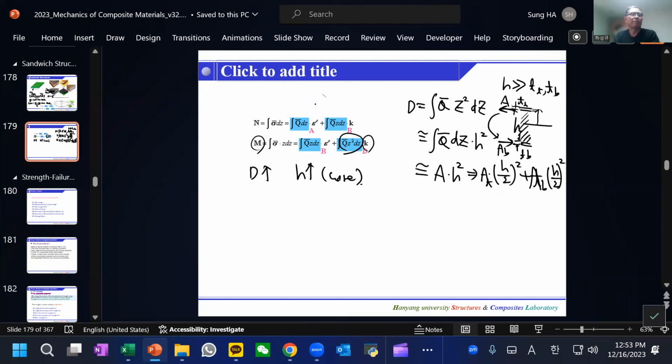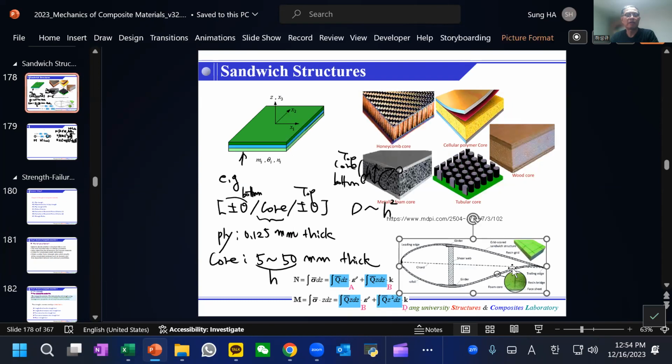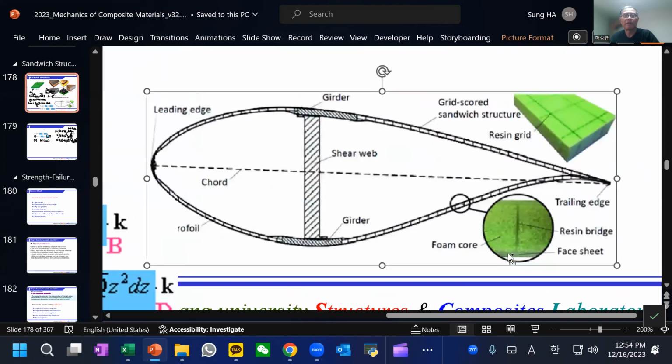Okay, so now the core, as you can see. You can see this one. There are a lot of cores. You have a honeycomb core, sometimes wood. Here we show a wind turbine blade. Even in a wind turbine blade, all the skin is a sandwich structure, top and bottom.